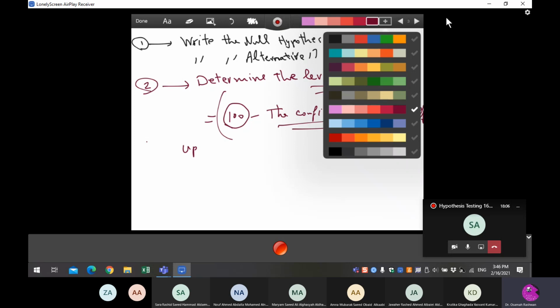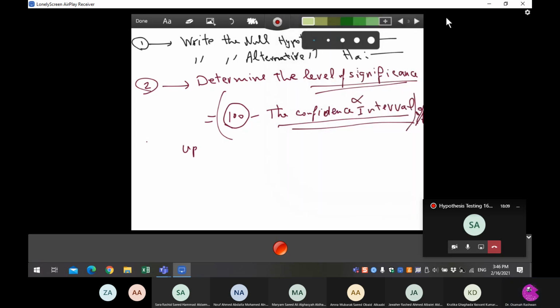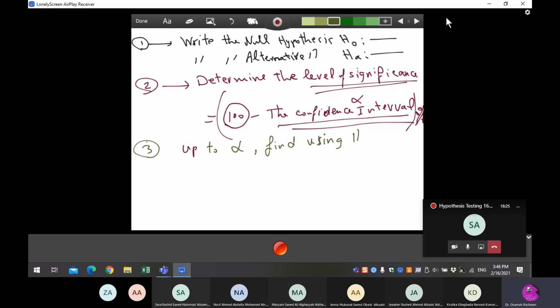Up to alpha, find, using the stat table fit for your test, the critical value.